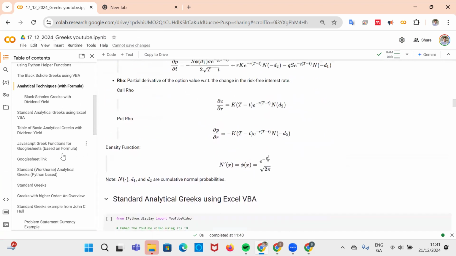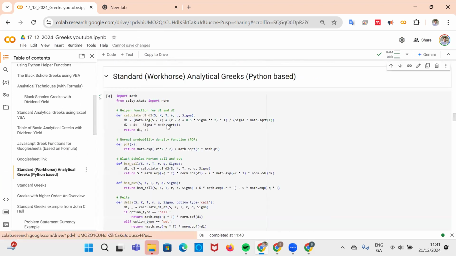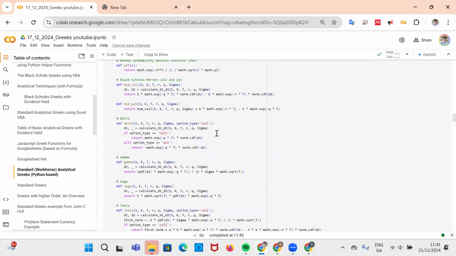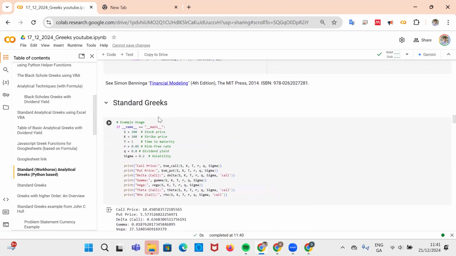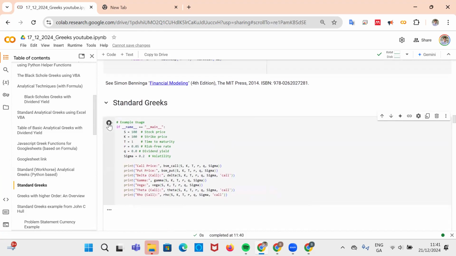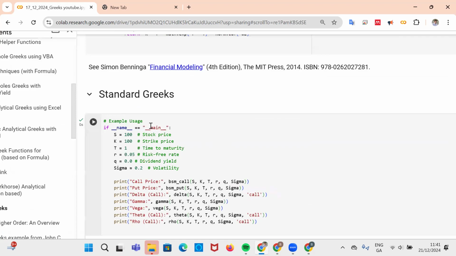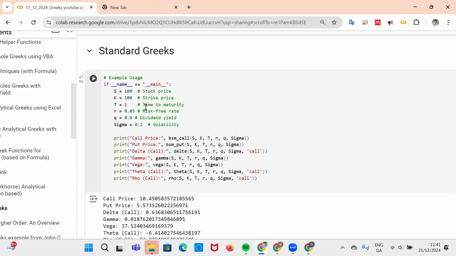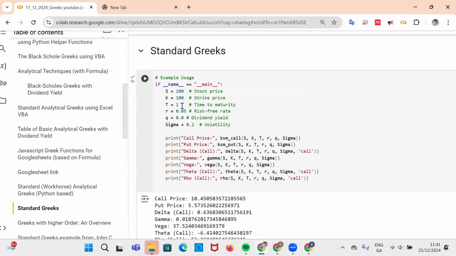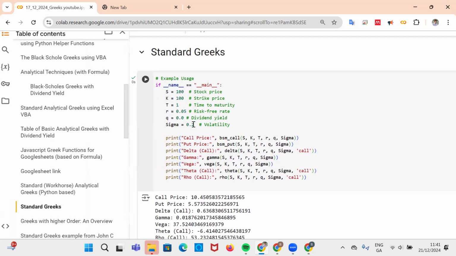So to observe a little bit more closely the operation of the code and that it satisfies previous estimations, I have the use case here where I take a standard set of benchmark numbers, execute, and for the call option, where the stock price is 100, K is 100, T is equal to 1 year, so the maturity on the option is 1 year, risk-free rate is 5%, dividend 0, and sigma is equal to 20%.